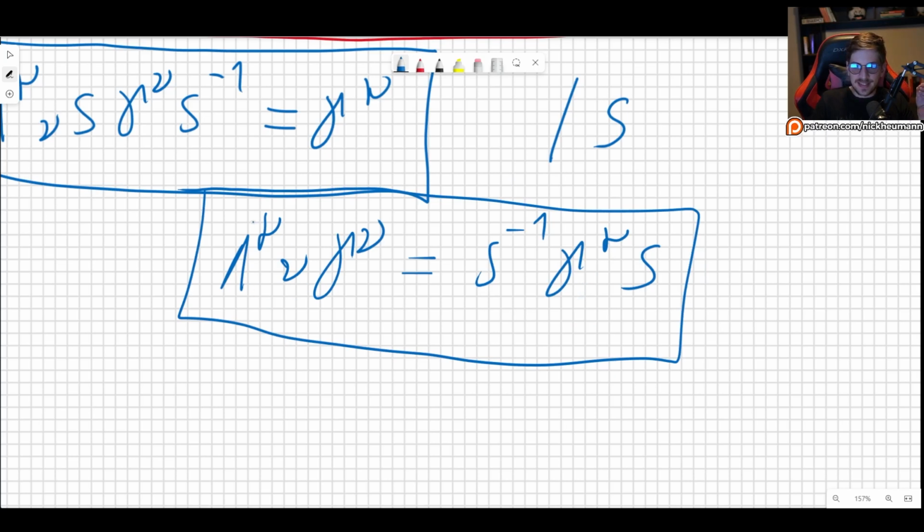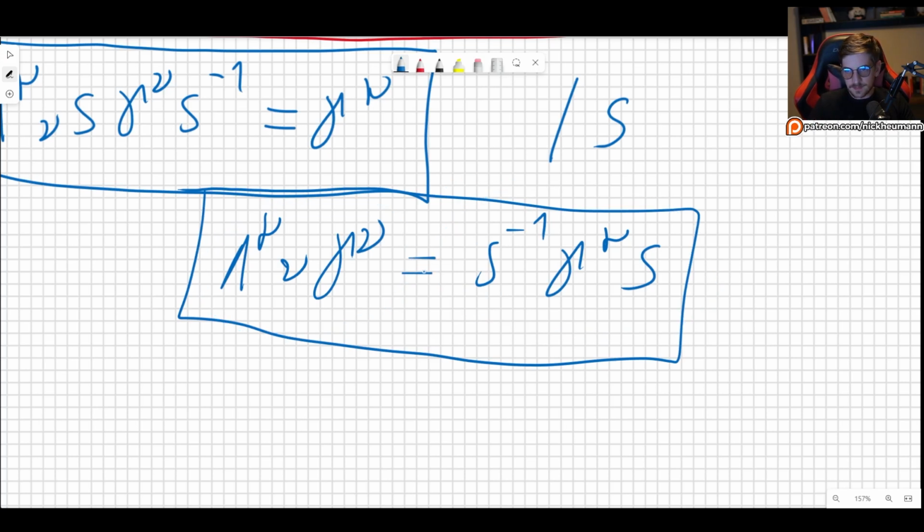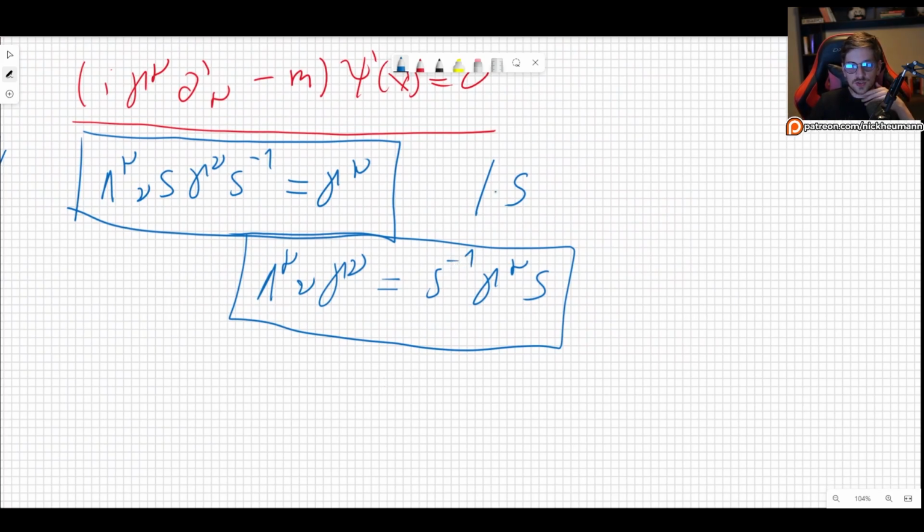We are basically applying the Lorentz transformation onto our gamma matrices, which can also be done with these mysterious S matrices. If that exists, then this is all going to be nice. And does that exist? Well, let's keep in mind that lambda mu nu acting on our gamma nus is going to give us some sort of gamma prime mu. It's just going to give us some new representation.